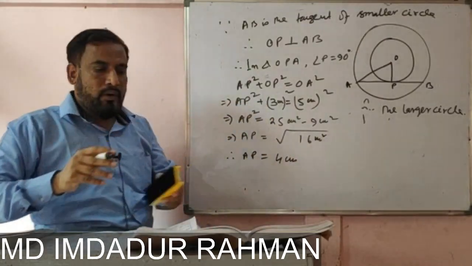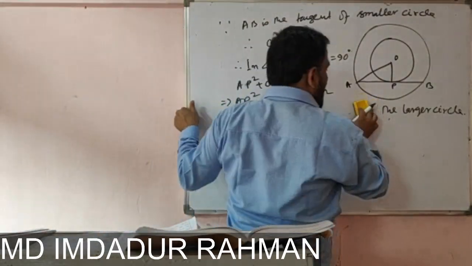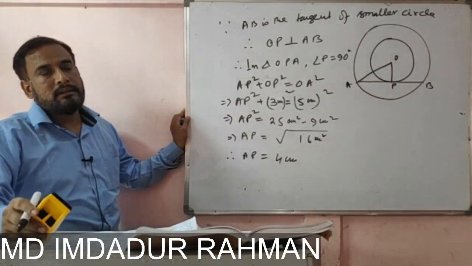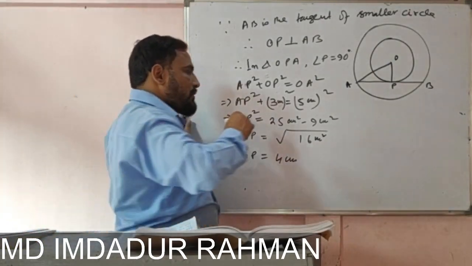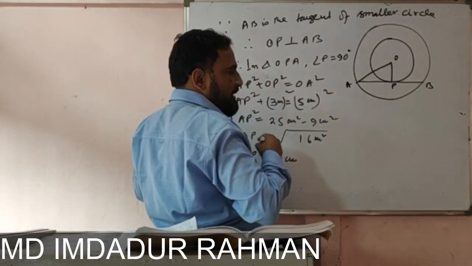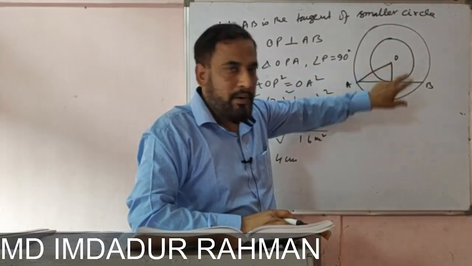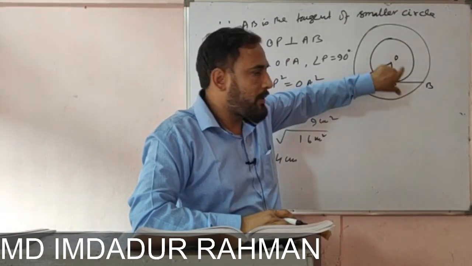If AP is equal to 4 cm, then using the properties of chord, we can find out the length of AB. In class 9, we learned about chord and perpendicular of a circle.